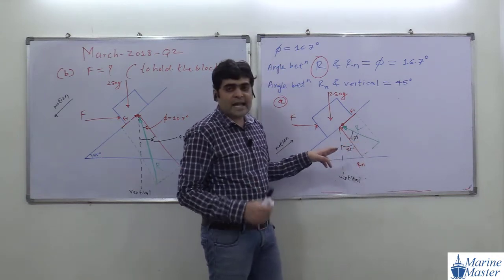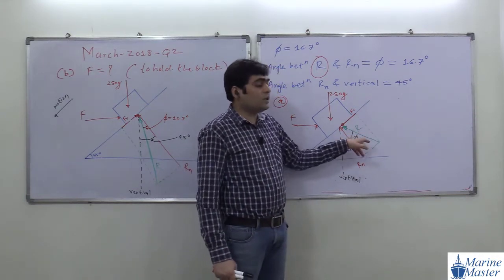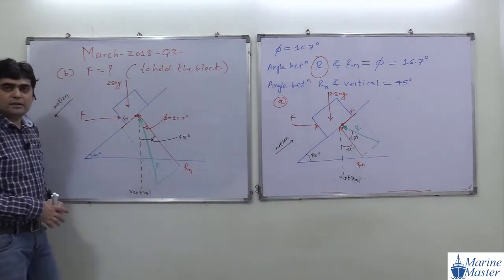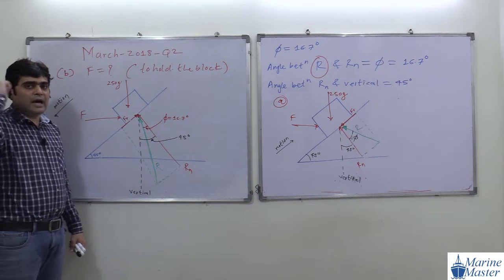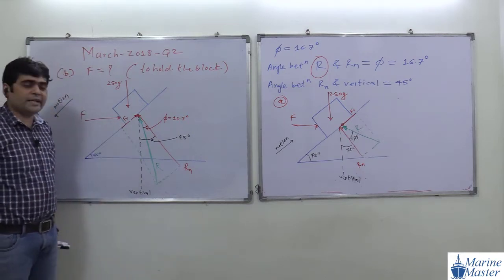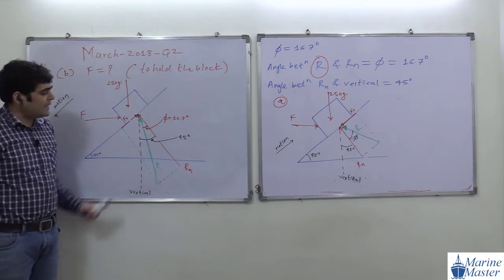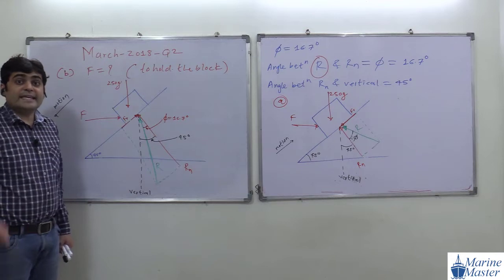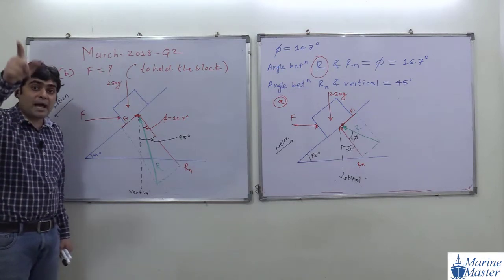But in this scenario, what is the angle between R, the resultant reaction, and vertical? Observe this drawing and try to tell me the answer. Yes, 45 minus phi. Very good.